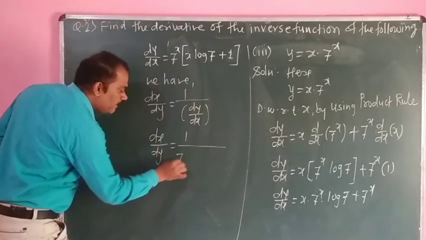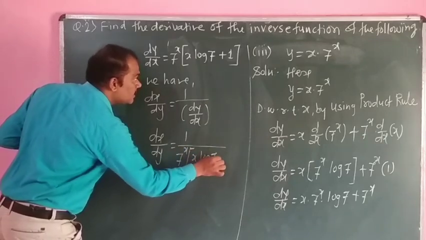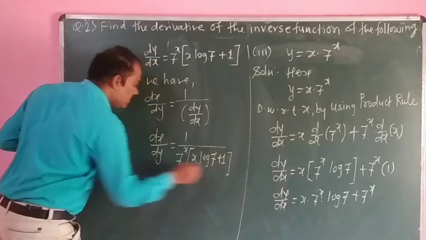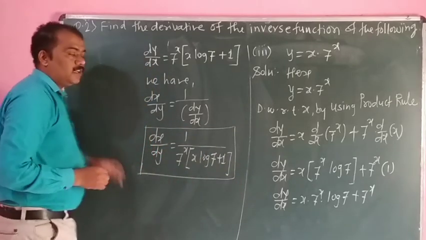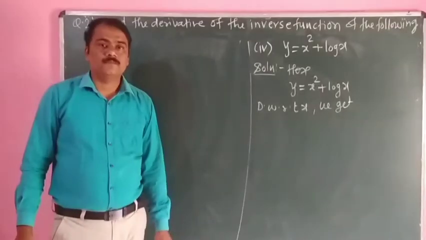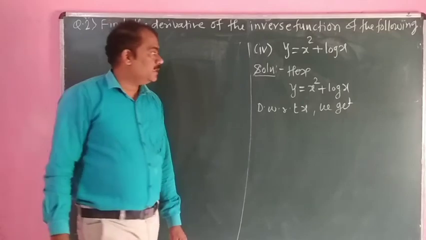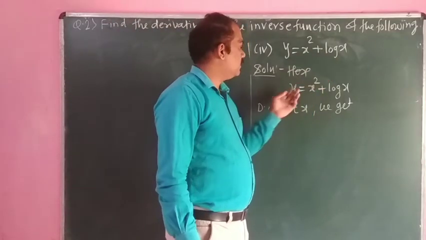This one, 7 raised to x into log of 7 plus 1, which is the required answer. Now we have to discuss example number 4. Example number 4 is y is equal to x square plus log of x.